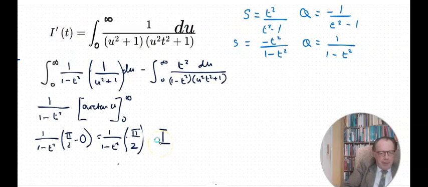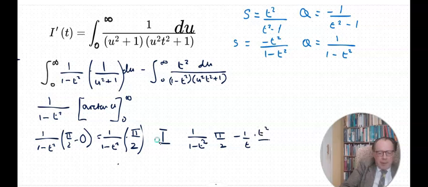And so my integral as a whole becomes 1 upon 1 minus t squared pi by 2 minus 1 upon t squared upon 1 minus t squared pi by 2.